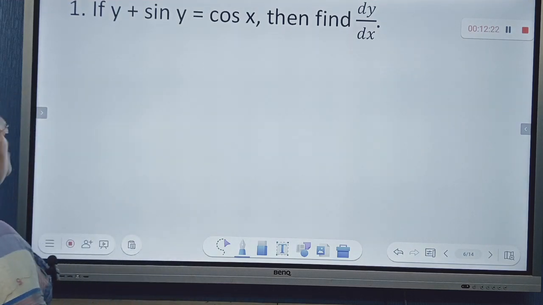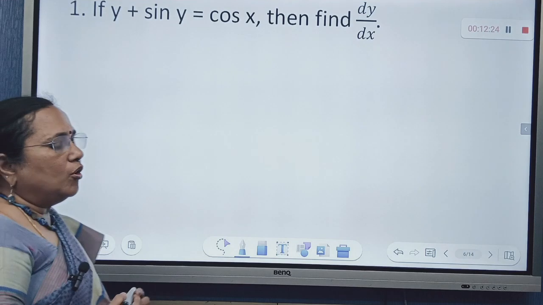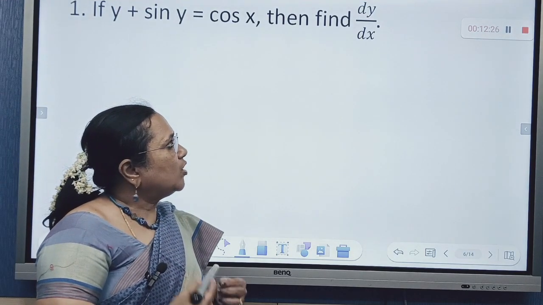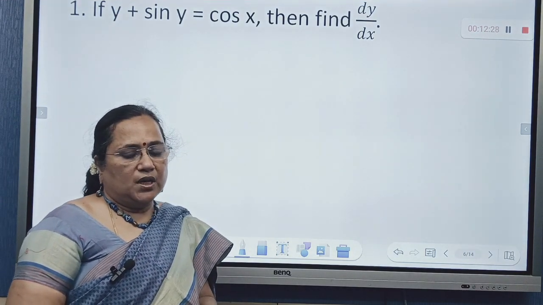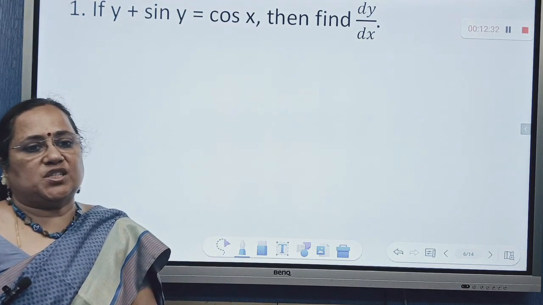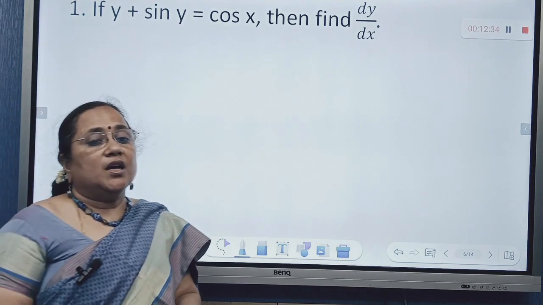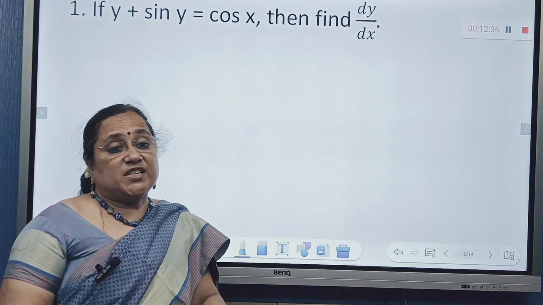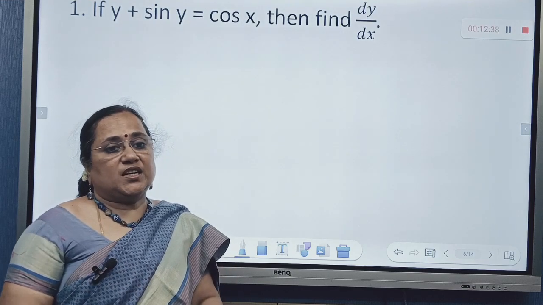Now I want to talk about what is an implicit function and what is an explicit function. See, if y equal to sin x, then y is a function of x directly, it is explicitly given.